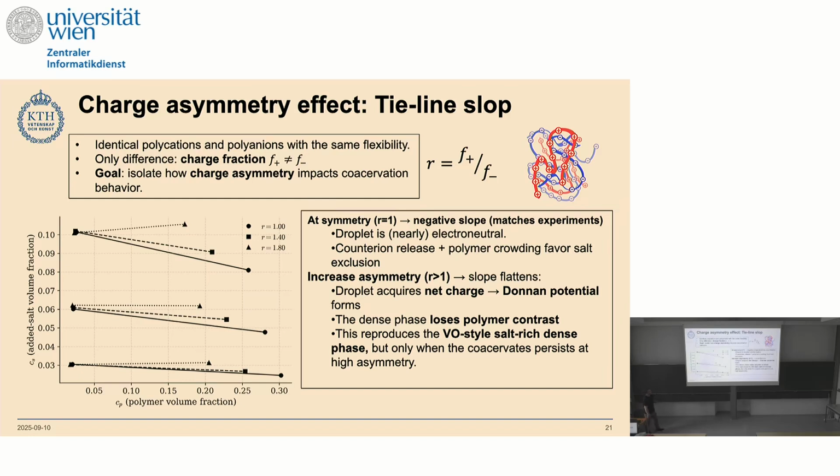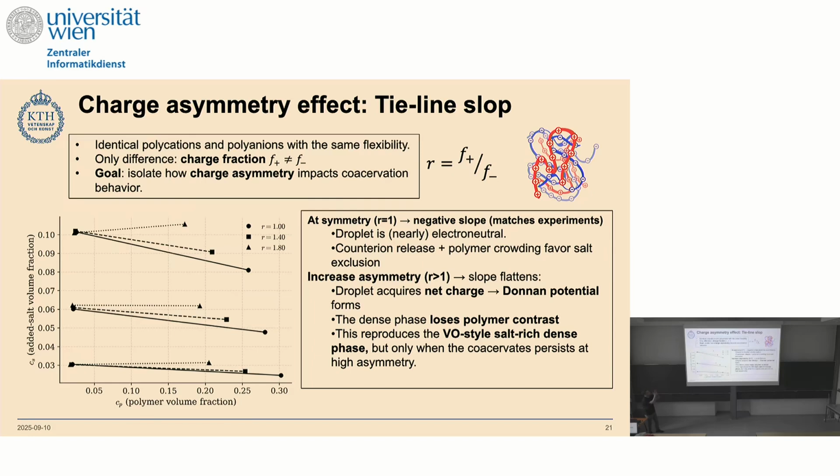As you can see here, the circle ones are for the symmetric case, when R is equal to 1 and the polyelectrolytes have the same charge distribution. But for the square and the triangle, we see that this slope increases, or even for higher charge asymmetry cases, the slope flips to positive.